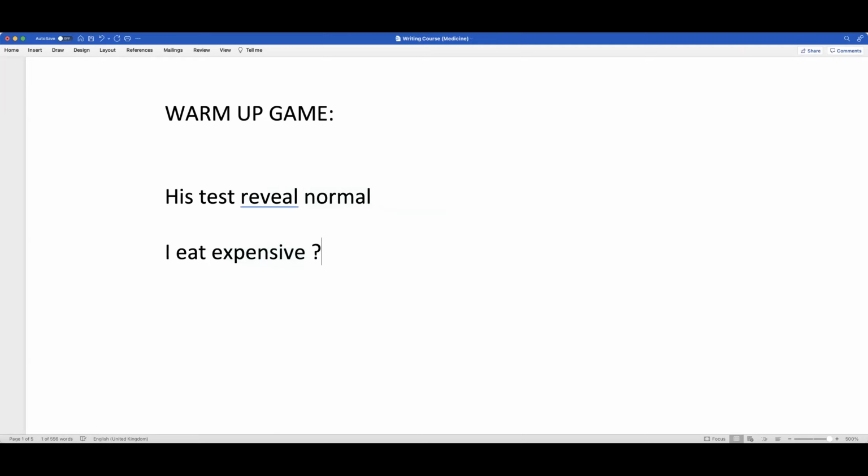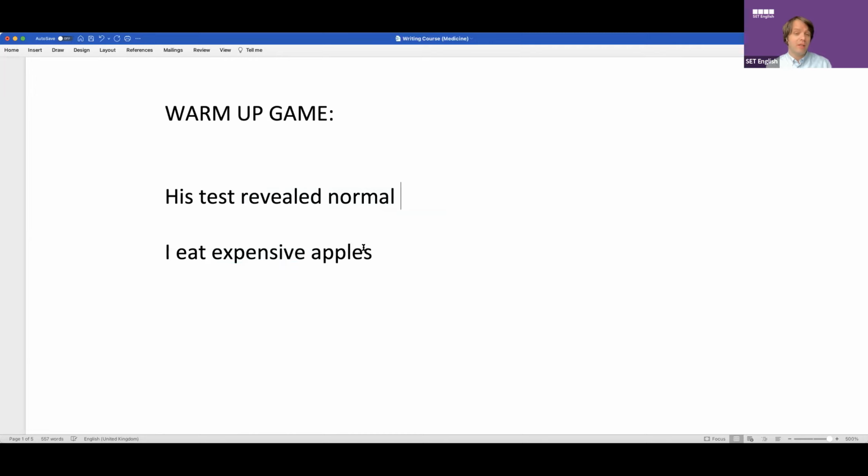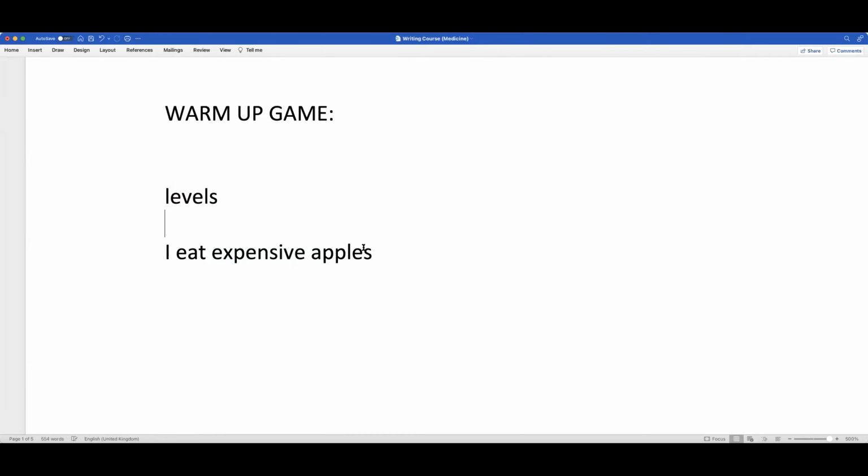Expensive what? Apples. Expensive apples? Like pink ladies? Pink ladies are very expensive these days. So his test results revealed, if you want the past tense, normal levels. What type of word is levels? A noun.